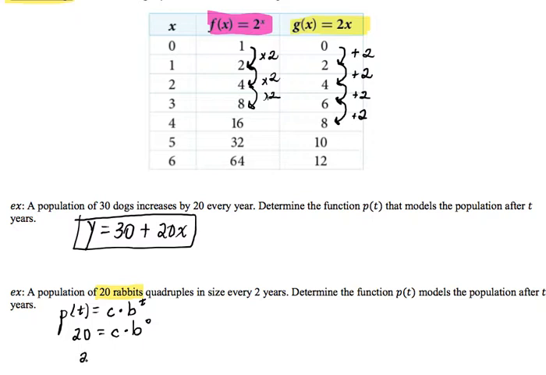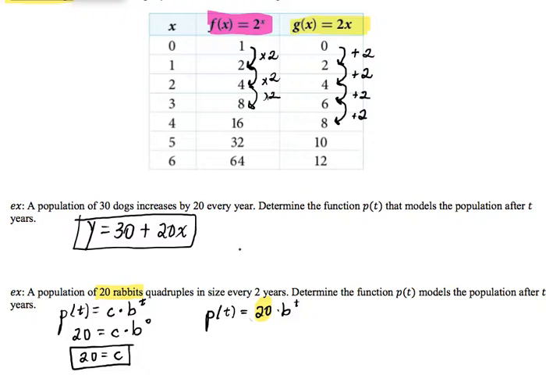So we get that 20 is equal to c. Okay, and with every exponential function, this is going to be the case. The constant out front, that c, is always going to be your initial amount. So you actually don't even have to write this out. You can just jump straight to here if you know that the starting amount is equal to that constant.